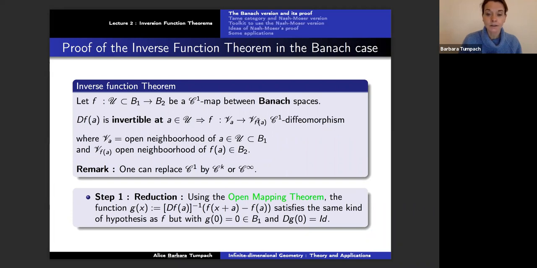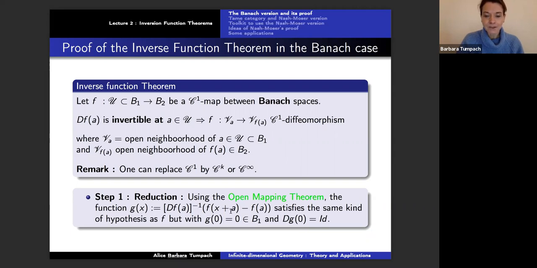Why? Because we know that the differential of F at point A is invertible, and it is continuous by assumption also, because the map F is C1. It's invertible and continuous, so its inverse is also continuous. So here I use this inverse. The map that we get here, I call it J, but I'm not sure if I maintain this notation afterwards.